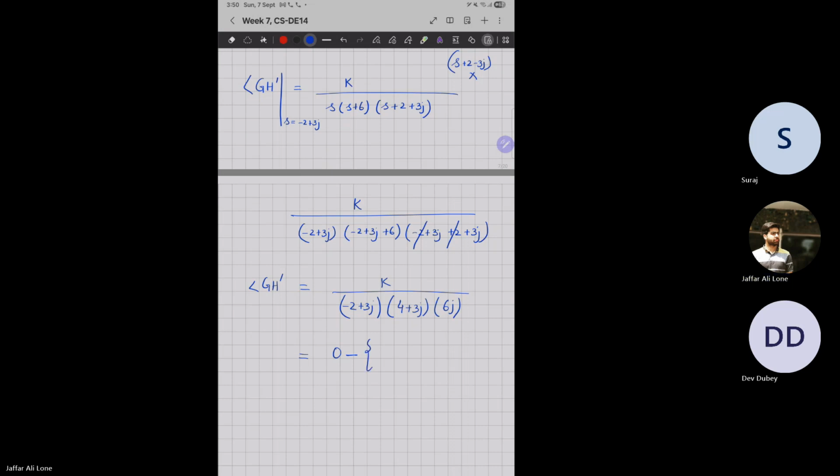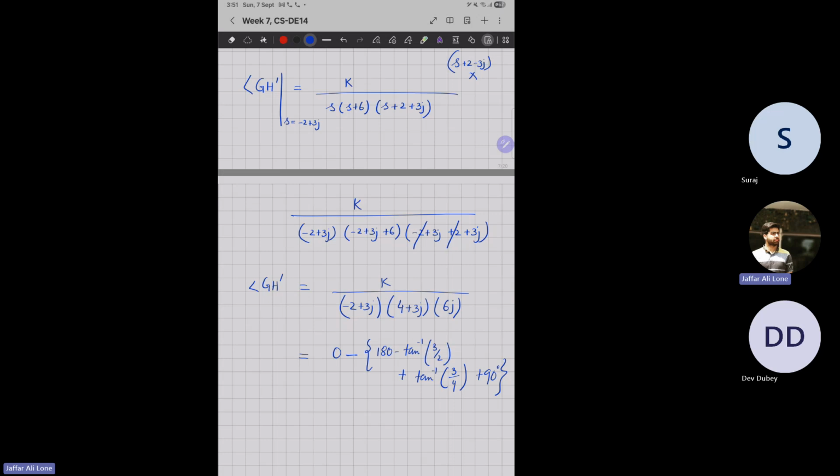Now, what is the angle of this? It's in the second quadrant, so it is 180 minus tan. I hope this is already clear because I explained it in the previous lecture. Then plus for the multiplication, it's in the first quadrant, tan inverse of 3 by 4, plus 90° because there is no real part, so tan is infinity at 90.